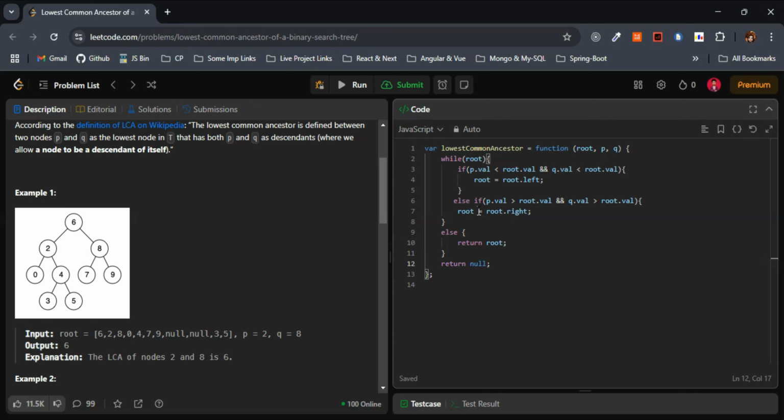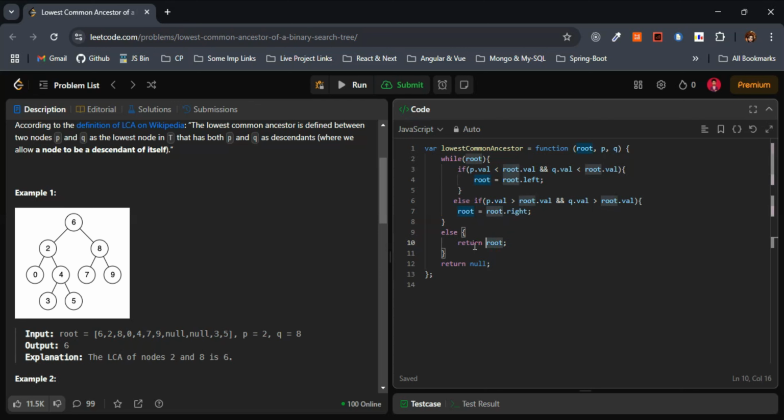We are going with the 4 conditions here. You can clearly see, one is when root is null, we are returning null. The second one is when the value of P and the value of Q are lesser than the root value, then we are moving left, because both P and Q are smaller here. The third condition is when the value of P and the value of Q are greater than the value of the root, then both are larger and we are moving right.